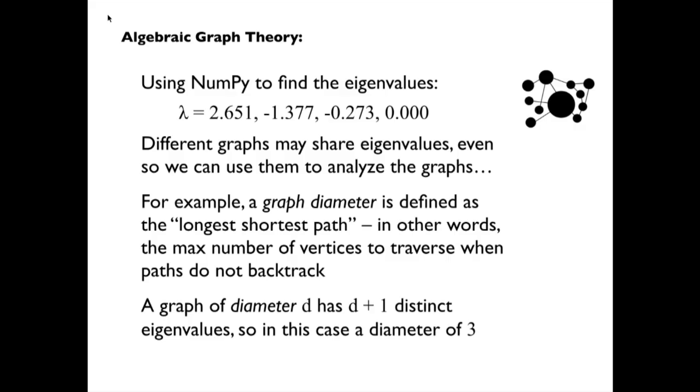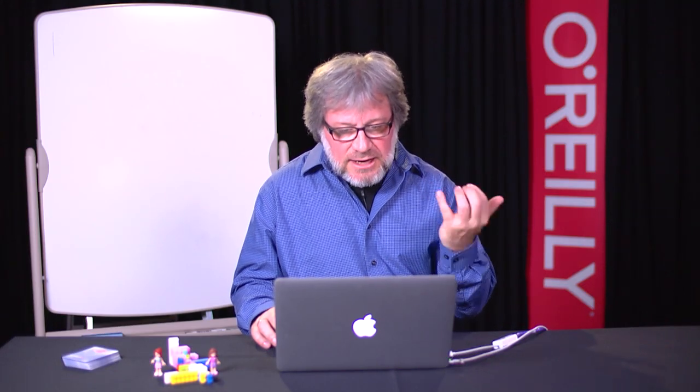So you can find out how big the graph is at its widest point. One of the things you can say is that a graph of diameter d has d plus 1 distinct eigenvalues. In this case, we had 4 distinct eigenvalues, so d plus 1 is 4, therefore the diameter is 3. Great. Now we can start to measure our graph by doing some fairly simple things with the matrix.